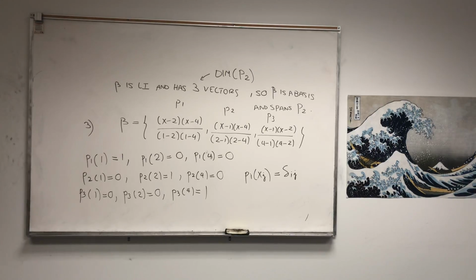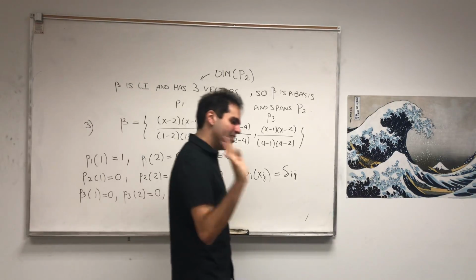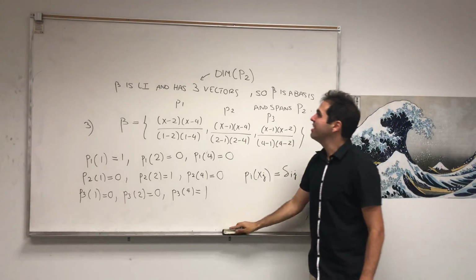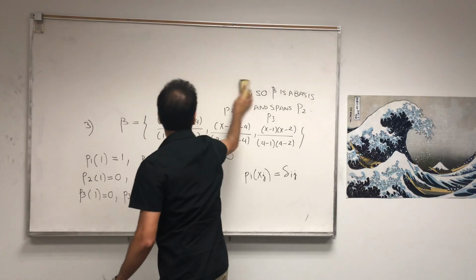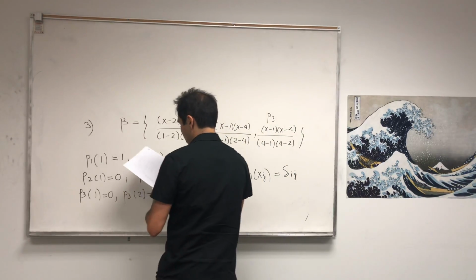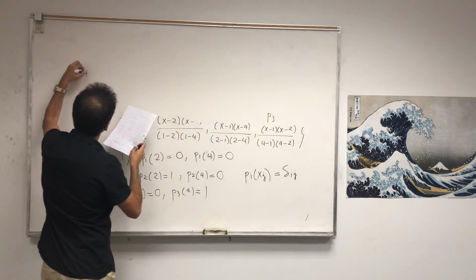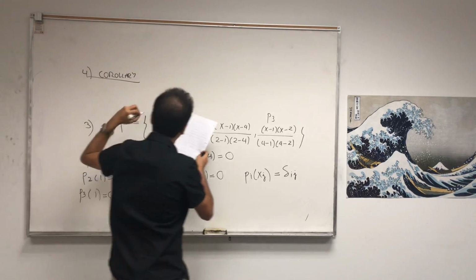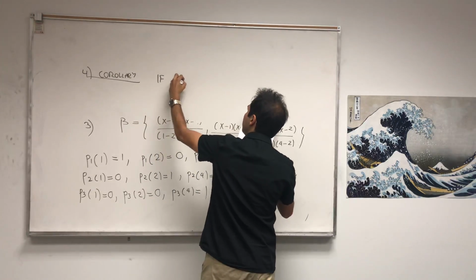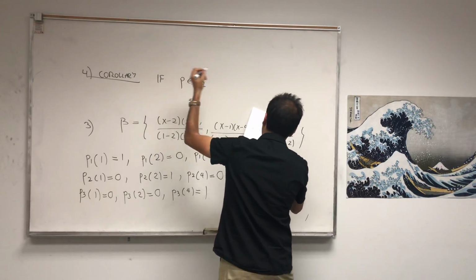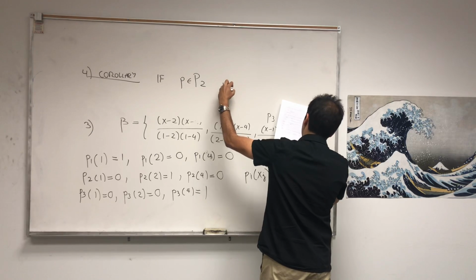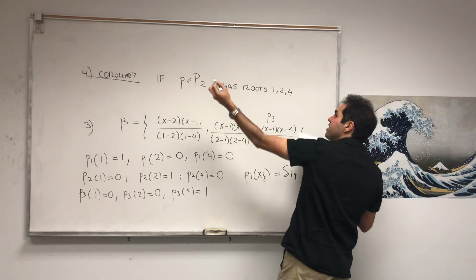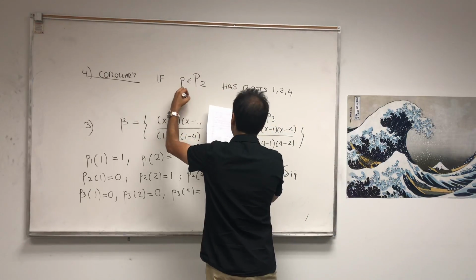Lastly, I want to show you this really cool fact, which maybe you were used to, and you used it a lot, but now we can actually prove it. Namely, a really cool corollary. If you have a polynomial, let's say in P2, and it has 3 roots, in this case, let's say roots 1, 2, and 4, then the only such polynomial is the 0 polynomial.